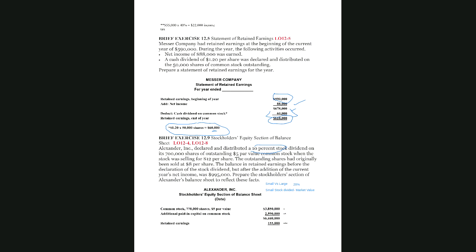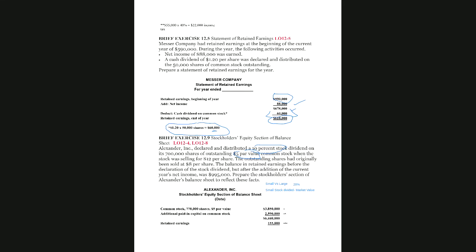Here, the corporation had 700,000 shares of common stock. Only common stock can have a stock dividend. So they had 700,000 shares of common stock that has a par value of $5 per share.